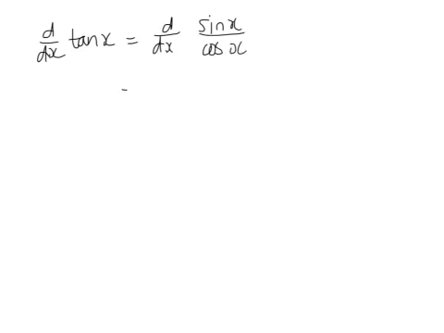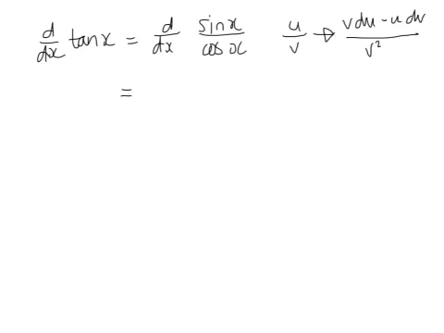So the derivative of tan x, we're going to differentiate tan x. Now we know from C2 that tan x is sine x over cos x. And we know from C3 that we can use the quotient rule. So the quotient rule says that the derivative of u divided by v is v times the derivative of u minus u times the derivative of v, over v squared.